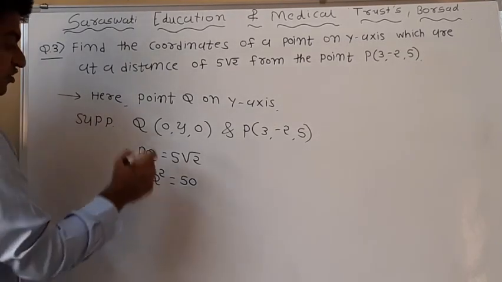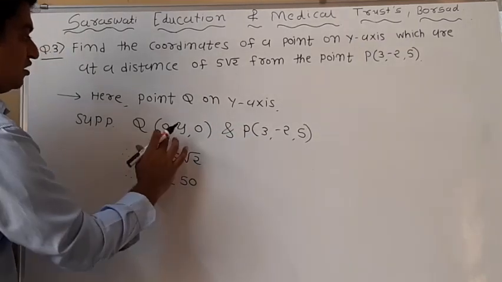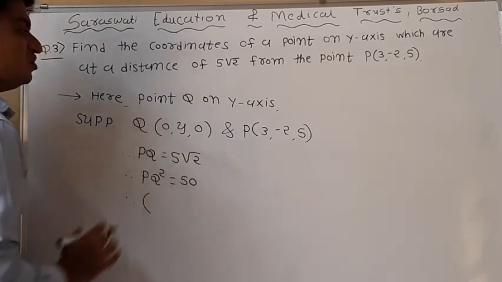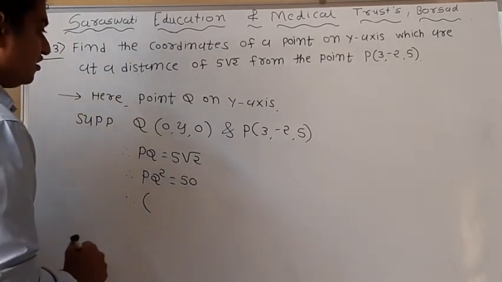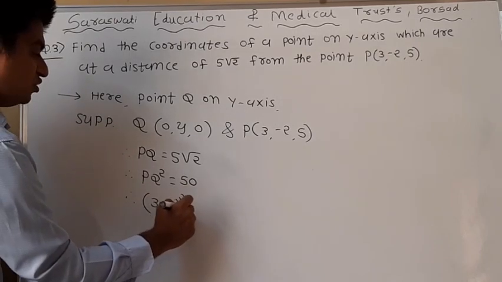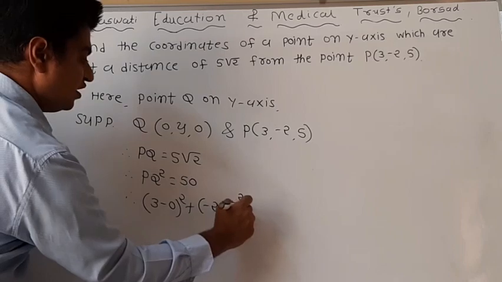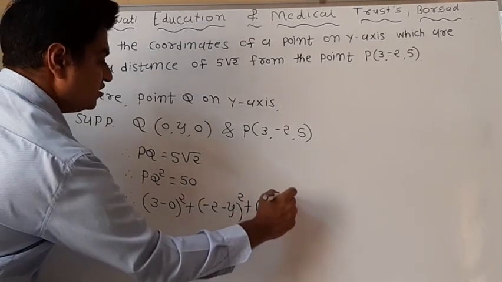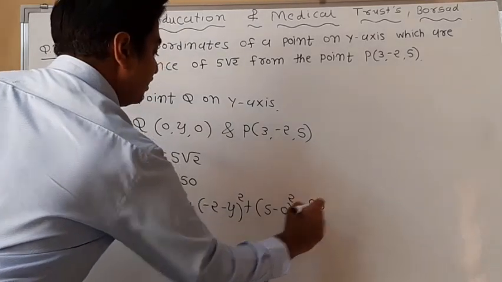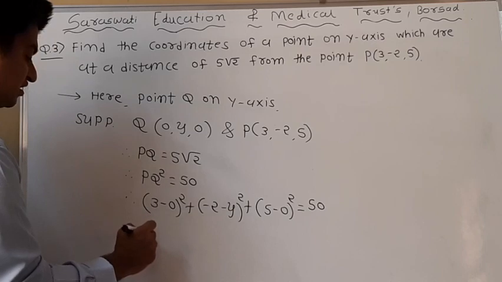Now after using the distance formula, we can write it either way, 3 minus 0 or 0 minus 3. So (3 - 0) whole square plus (-2 - y) whole square plus (5 - 0) whole square is equal to 50. Now after simplifying, 3 square means 9.